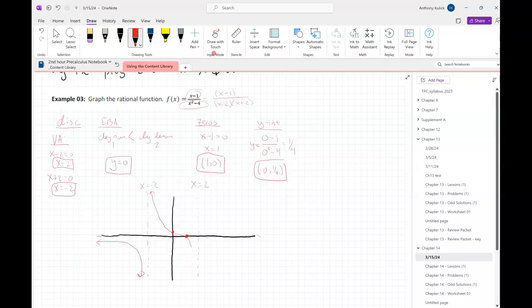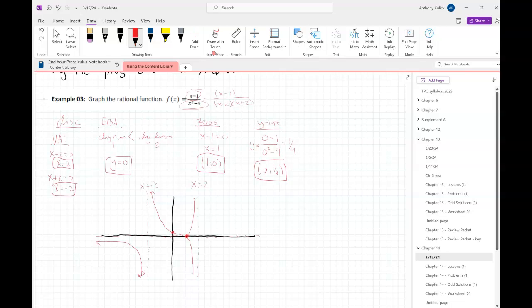Now I need to see if I'm going to do this or if I'm going to do that. Sound good? So, again, I'll pick a test point. This is a little harder because I have 1 and then 2, so I have to do like 1.5, which is kind of stinky, but I'm not actually going to do the calculation. I'm just going to see whether it's negative or positive.